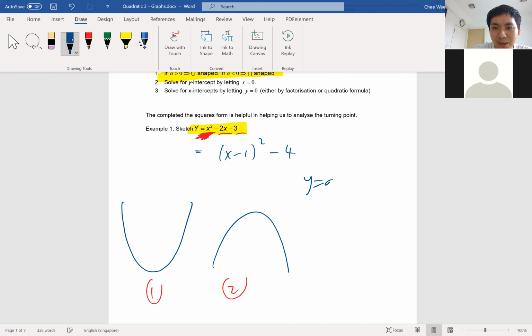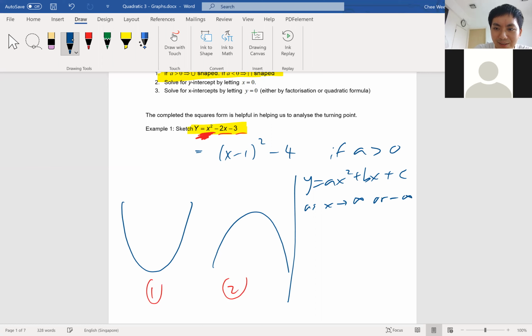If you have y is equal to ax squared plus bx plus c, the idea is as x goes to infinity, and if a is greater than zero, of these terms, who dominates the most? ax squared dominates the most, right?